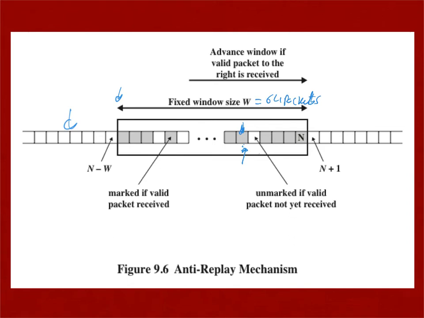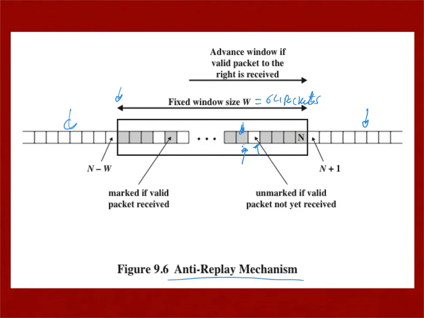Now if the packet is marked not received, I will accept it and mark it received. What if the packet is here, in the future? No. Why? Note that this is an anti-replay mechanism.